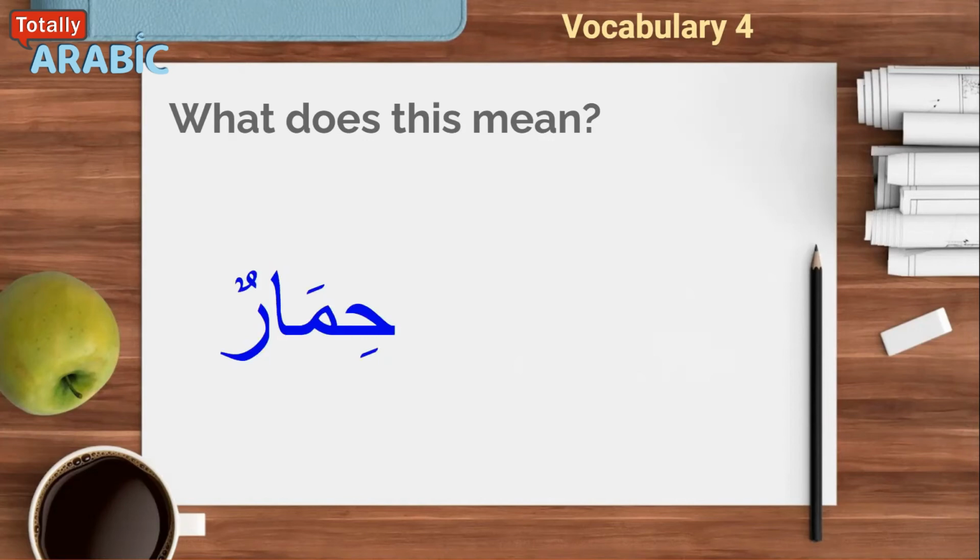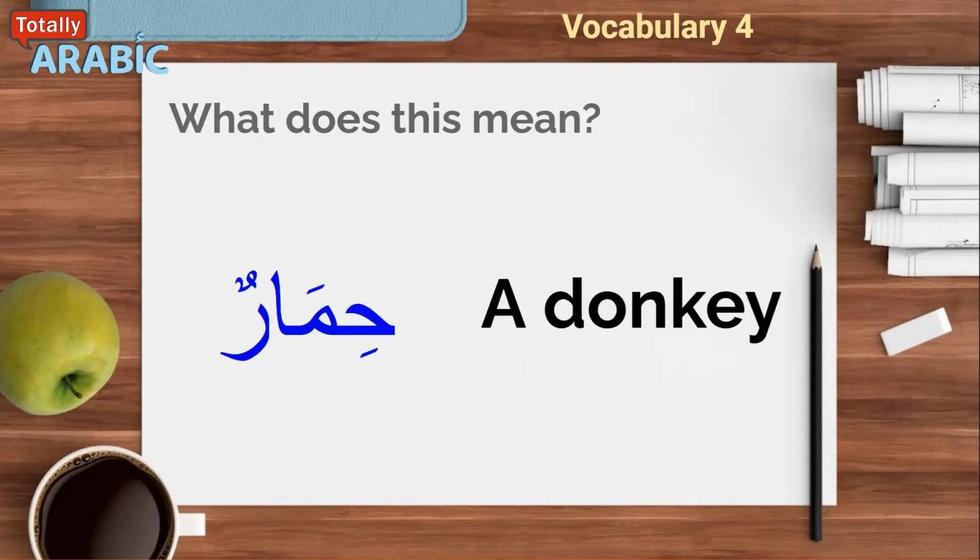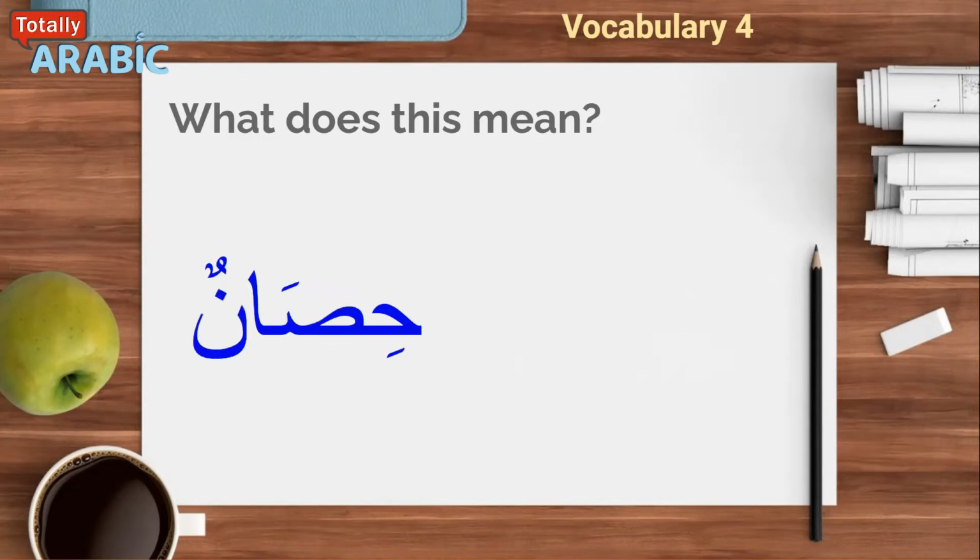A donkey means a donkey. A horse means a horse.